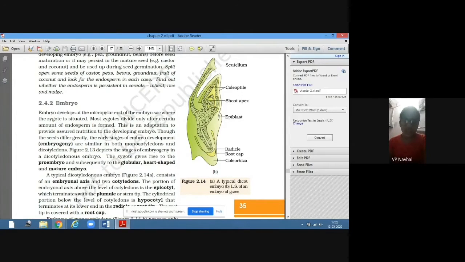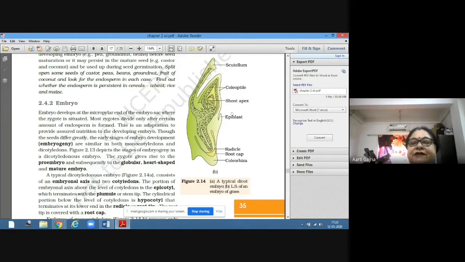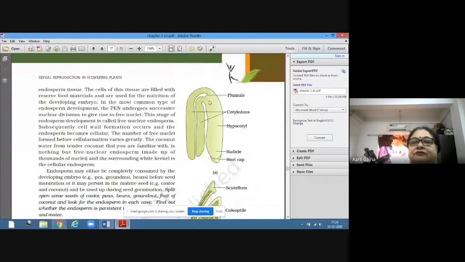Ma'am, in this diagram, where is the epicotyle situated? This epiblast is written, no? Actually, if you compare with the dicot embryo, where is epicotyle present? This is epicotyle, which is terminating into plumule. And what is plumule? Plumule is a portion of the seed or embryo which gives rise to shoot. So here also it is the same.